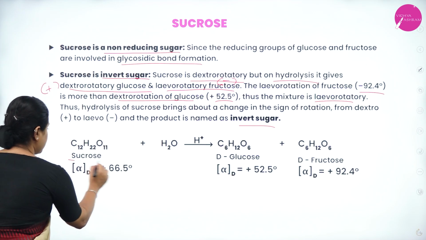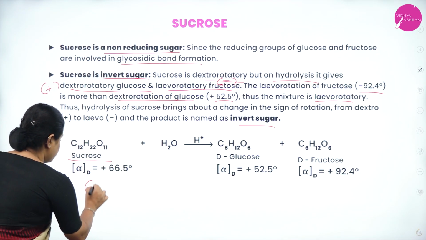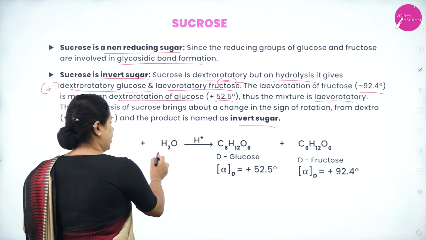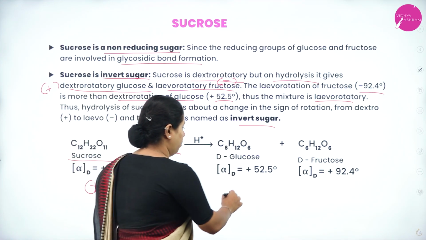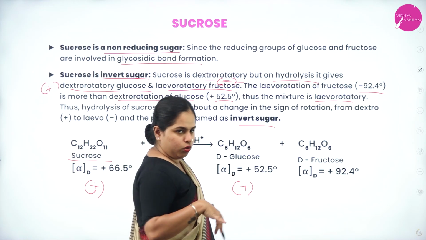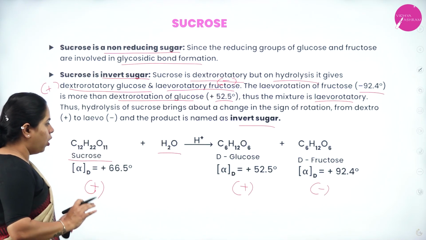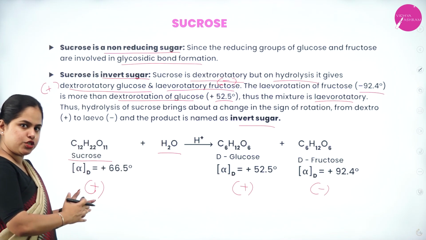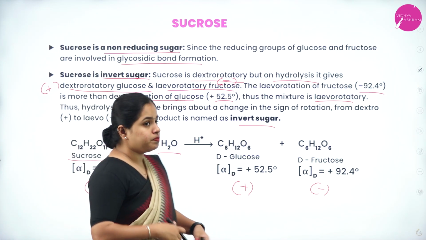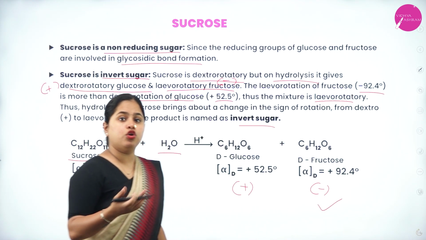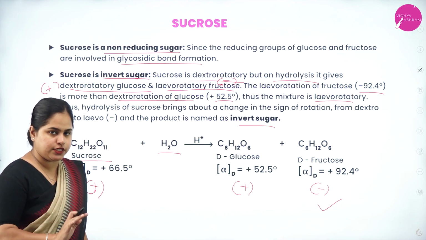So what does that mean? Let's understand again. Sucrose is dextrorotatory originally. It undergoes hydrolysis and forms dextrorotatory glucose and levorotatory fructose. But the extent of rotation is more in fructose, more towards the levo side or the left side.